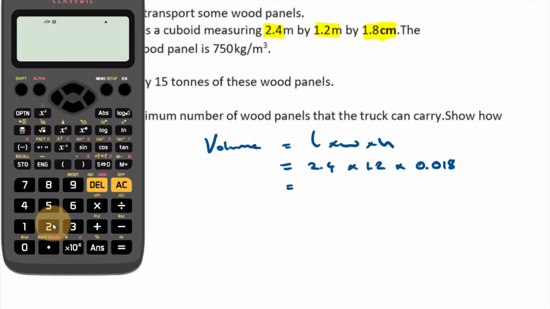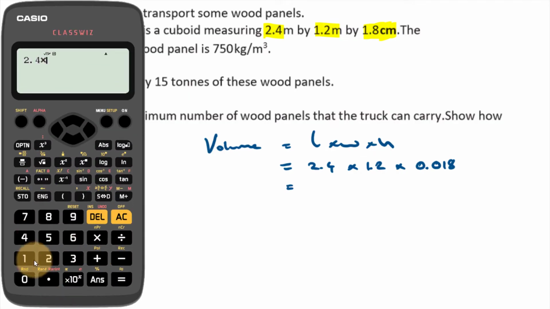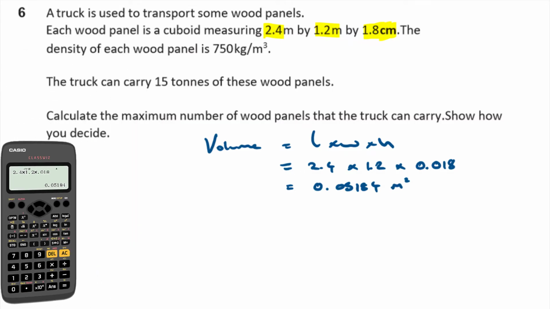What's that then? 2.4 times 1.2 times 0.018. That means that each panel is 0.05184 of a cubic meter. Okay, so the density of each wood panel is 750 kilograms per cubic meter.